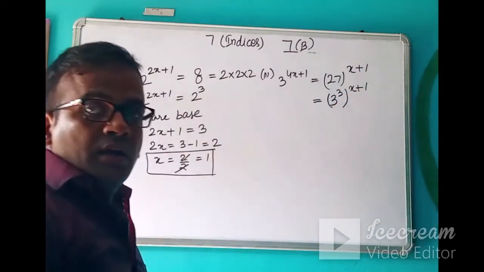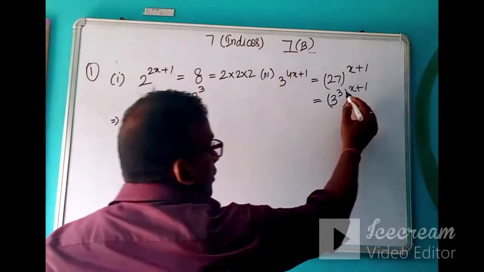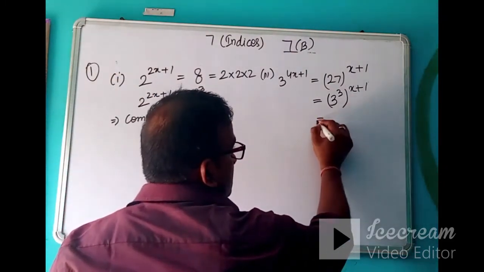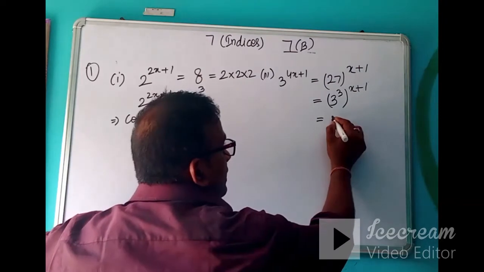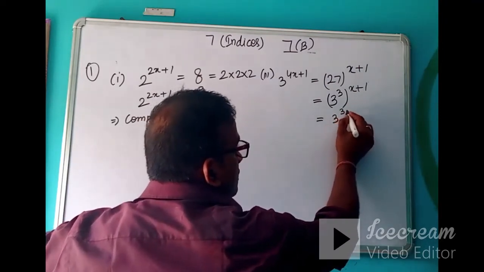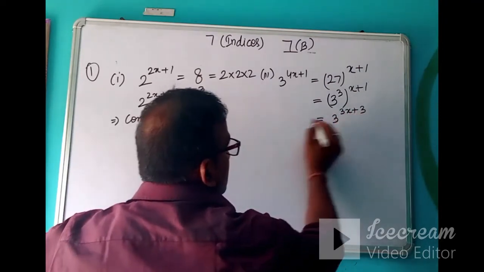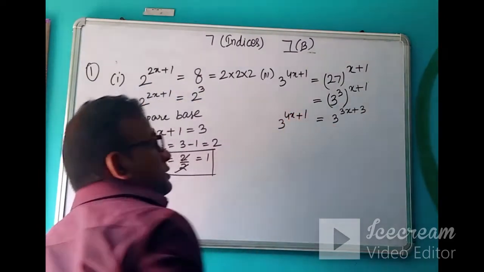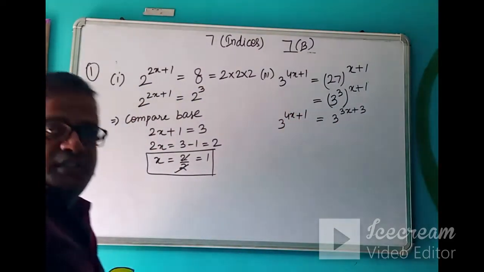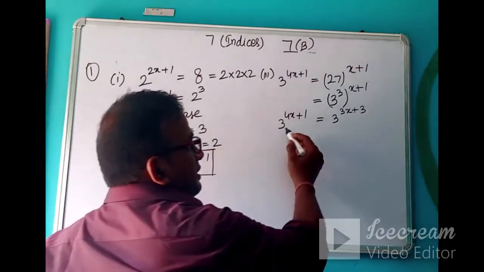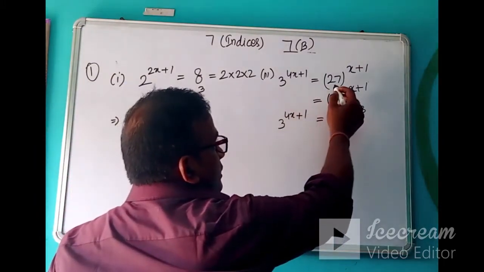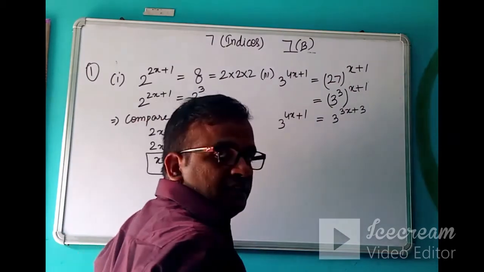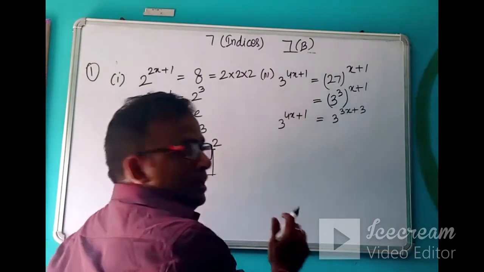Again, we will multiply these two powers. So what we will get? We will get 3 to the power 3x plus 3, and here it is 3 to the power 4x plus 1. Once again we have succeeded in converting this right hand side into the same base as on the left hand side.